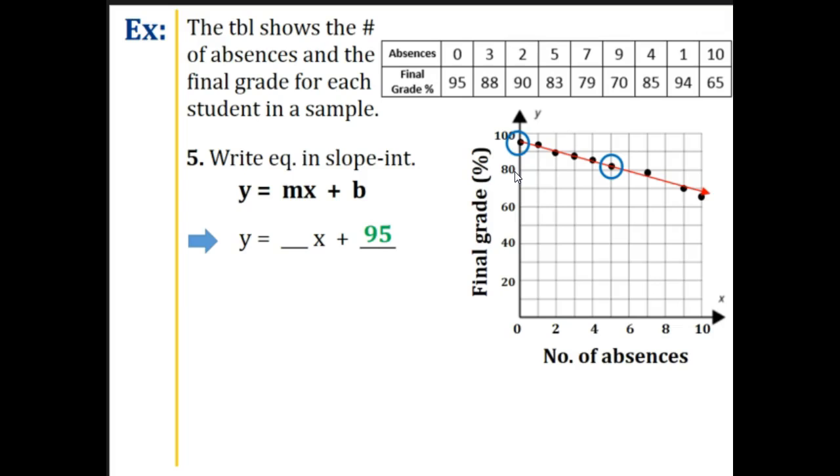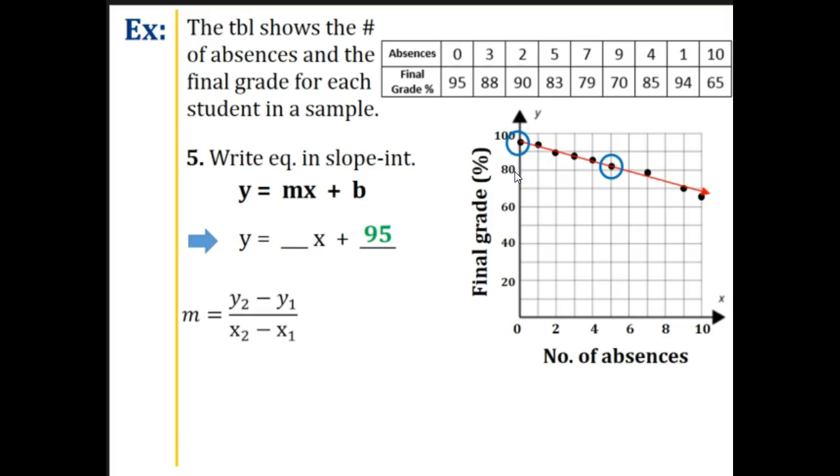There are two ways to do this. Look at the ordered pairs up there. We have this ordered pair, 0 and 95, and then we have 5 and 83. Does that make sense? Those are ordered pairs, the points that we graphed on our plot. Is one an X and one a Y? Yes.